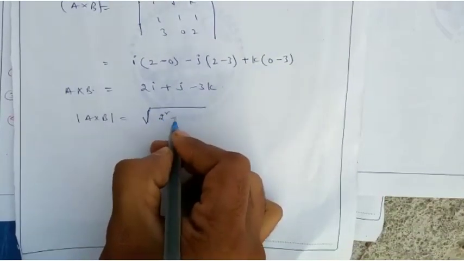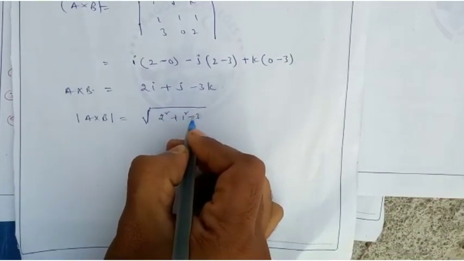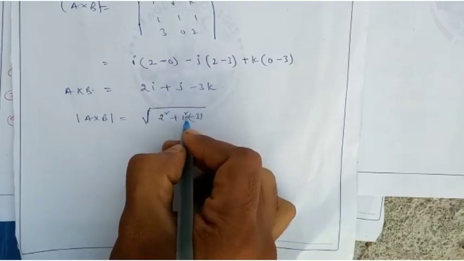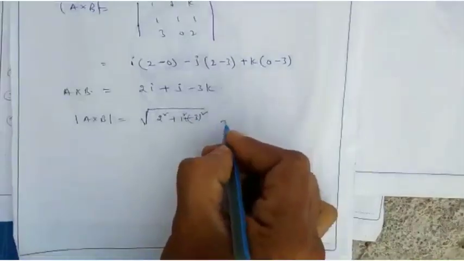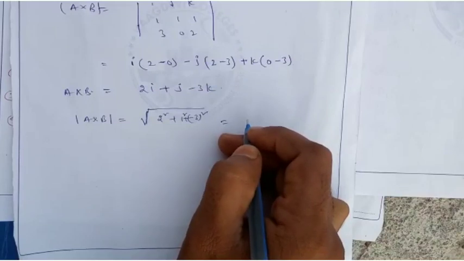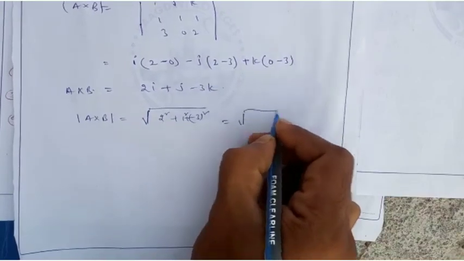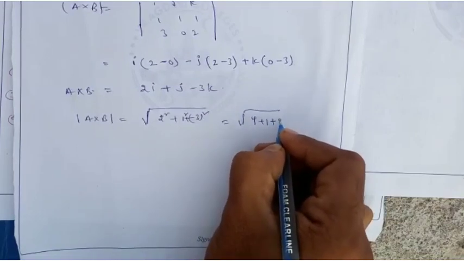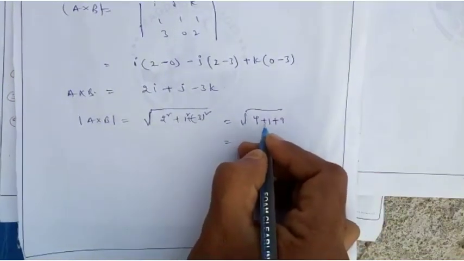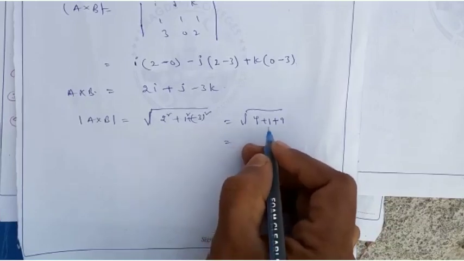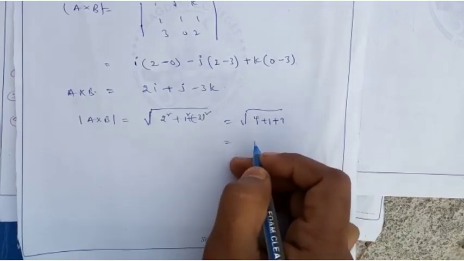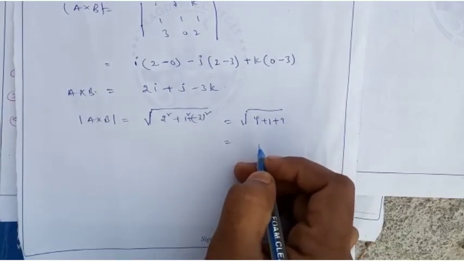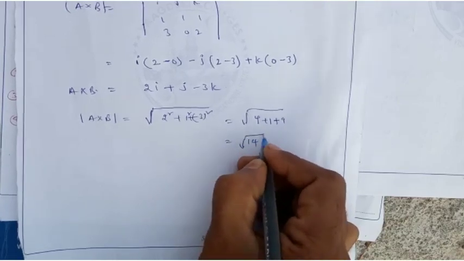2 square plus 1 square plus (minus 3) whole square. That is under root of 4 plus 1 plus 9, which is 14, root 14.